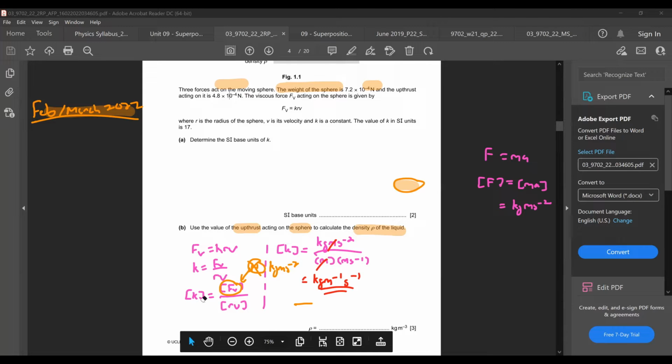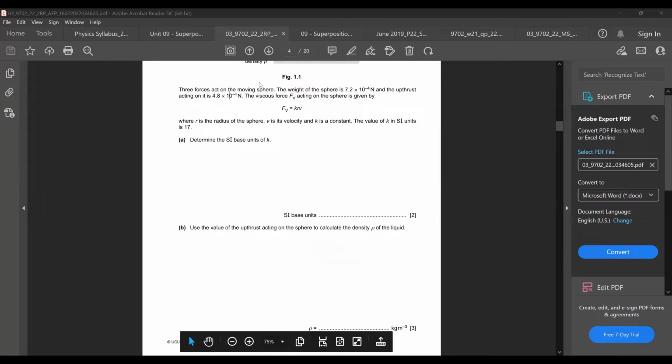All right, now for this one here, when it concerns upthrust, the first thing that should come to your mind is that upthrust is equal to the weight of liquid displaced. Okay, this is what upthrust actually is.